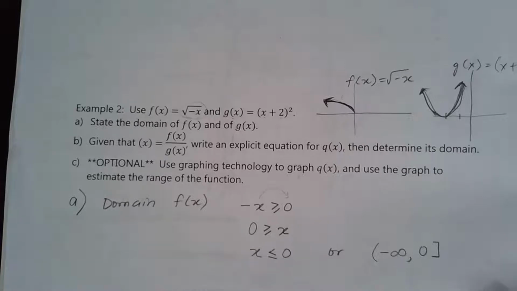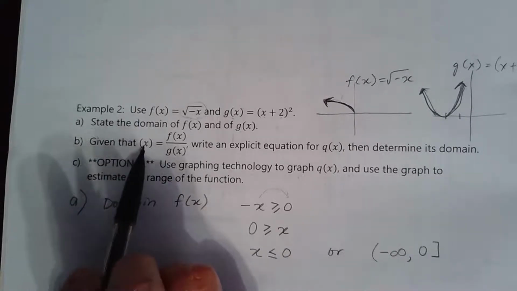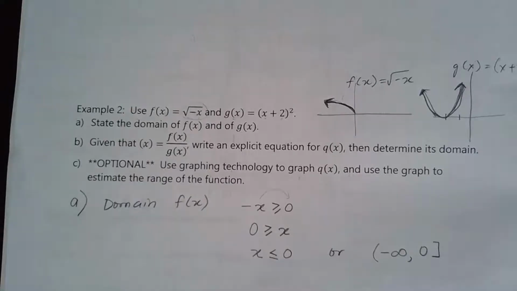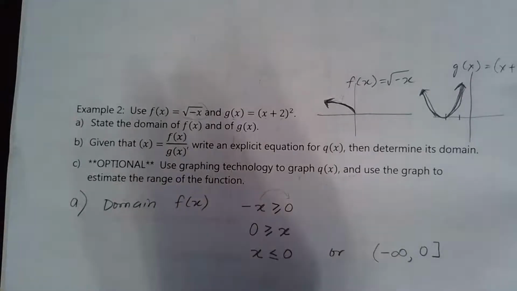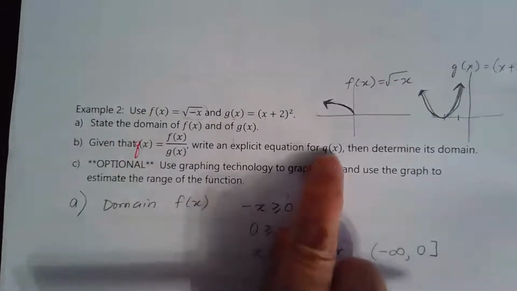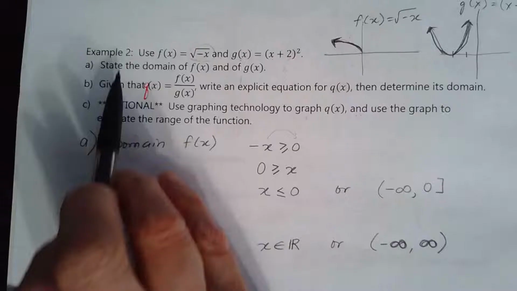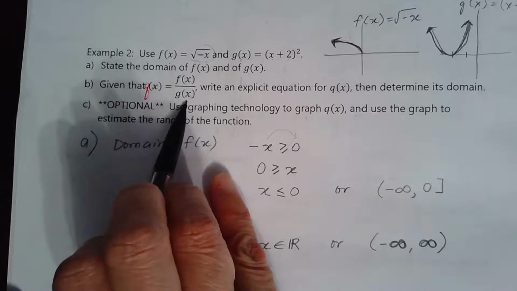What we're going to do is, it says here, given that, I think this is supposed to be q of x. Okay, let's put that in. Given that q of x is equal to f of x divided by g of x.